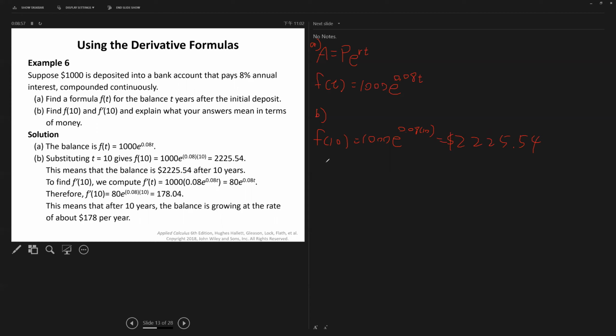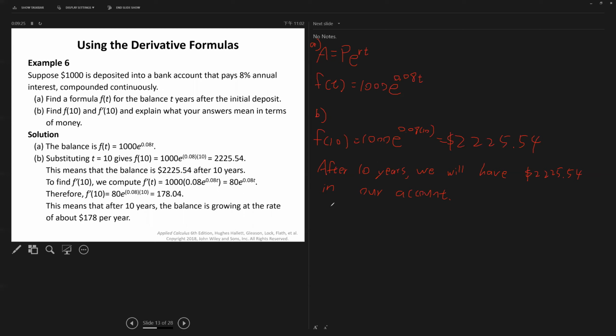That means after 10 years, we will have $2,225.54 in our account, which is pretty good. After 10 years, you have earned more than double.